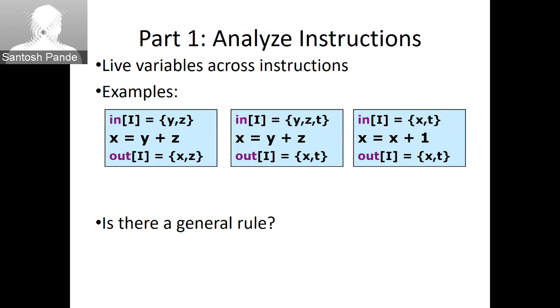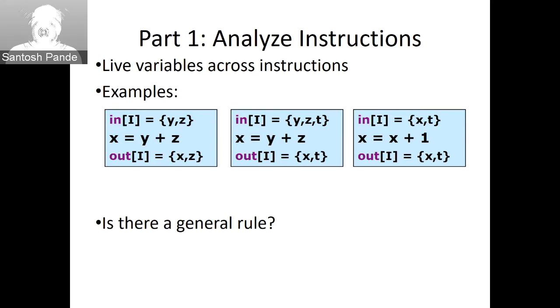Now the reverse case. x was live, so x had some use from this point downhill, but in terms of whether it is live at the beginning, we ask the same question. And the answer will be, I'm looking at a different value of x here, before this definition of x.